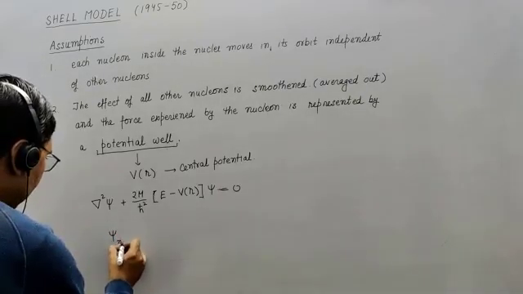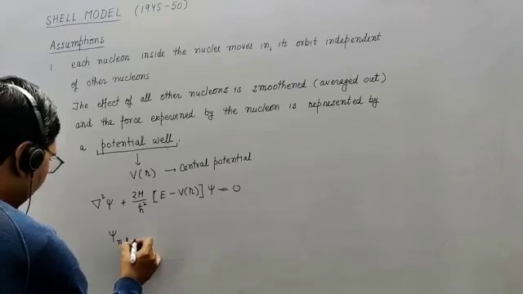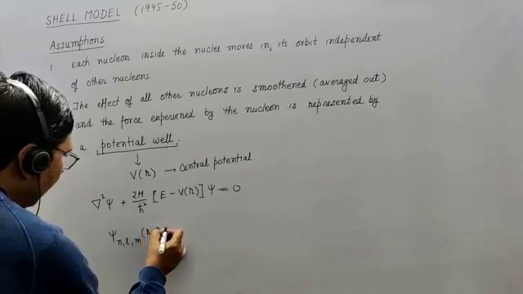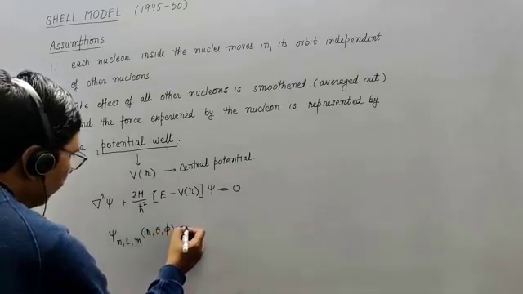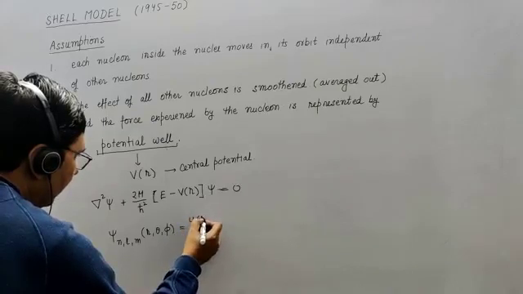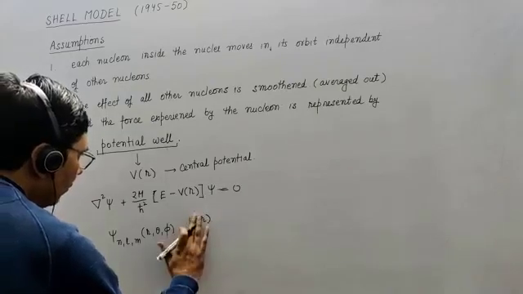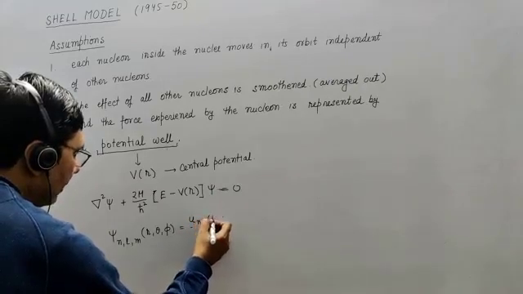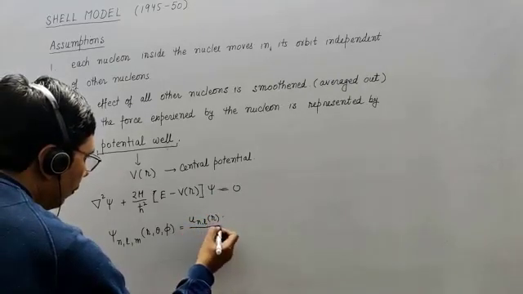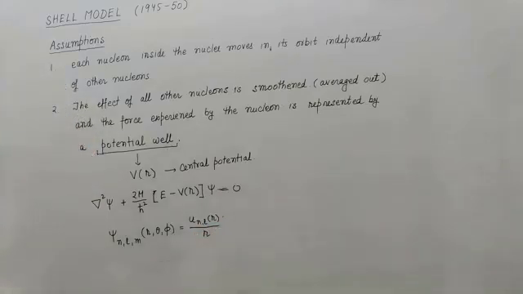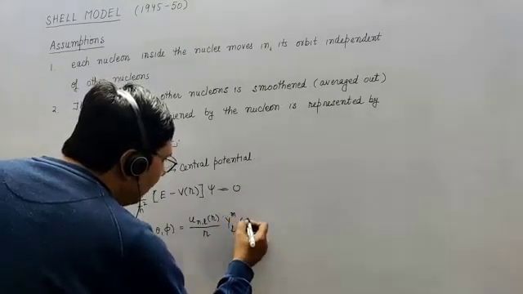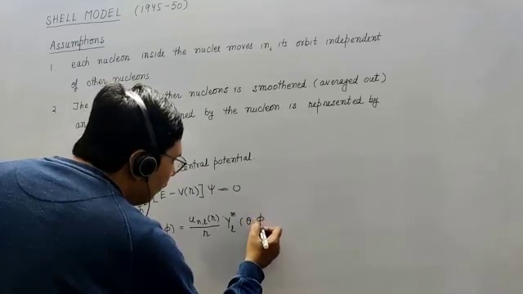This psi has 3 quantum numbers n, l and m, and is a function of r, theta and phi. It will be equal to a radial part, u(r) upon r, or you can say u_nl(r), and a second part, the spherical harmonics, Y_lm(theta, phi).